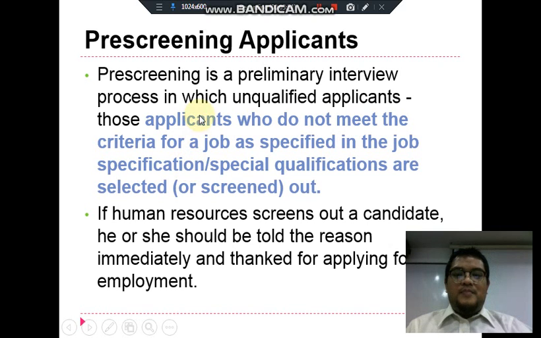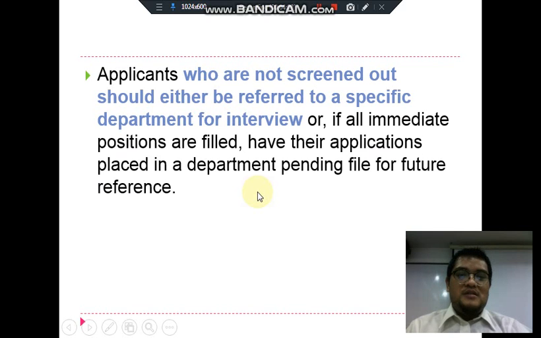Pre-screening: applicants who do not meet the criteria for a job as specified in the job specification or special qualification are selected out or screened out. So that's how you do the pre-screening. Applicants who are not screened out should be referred to the department for interview.